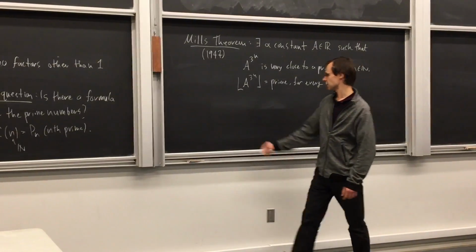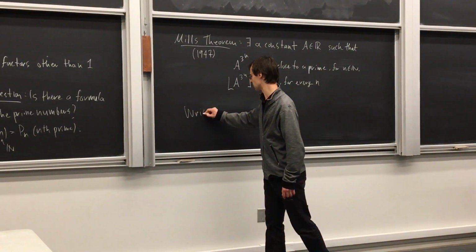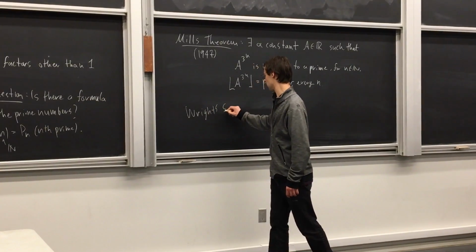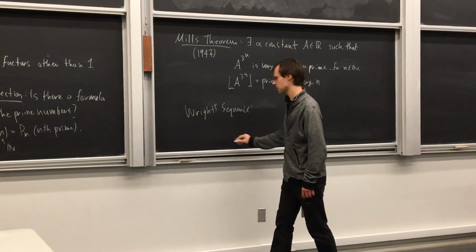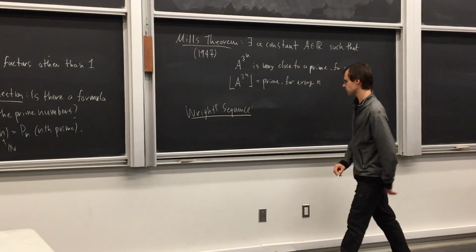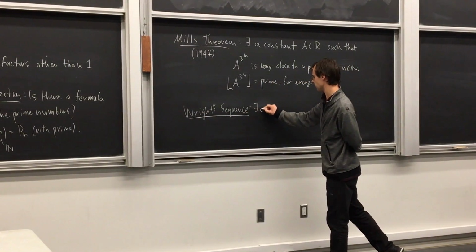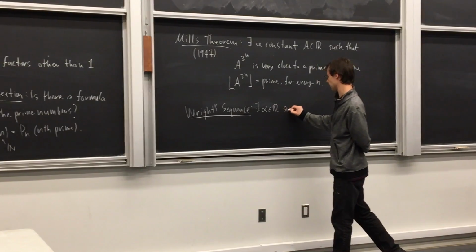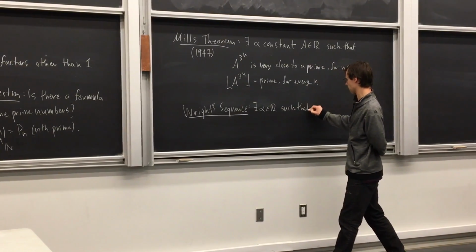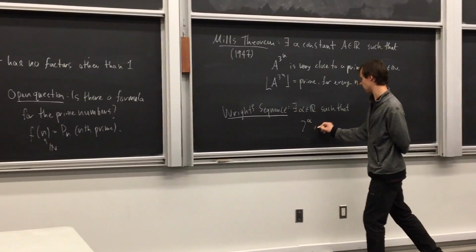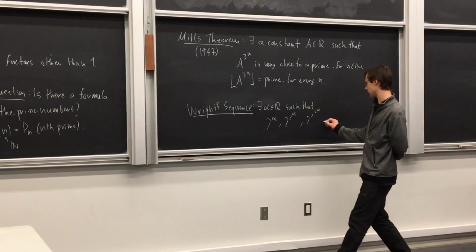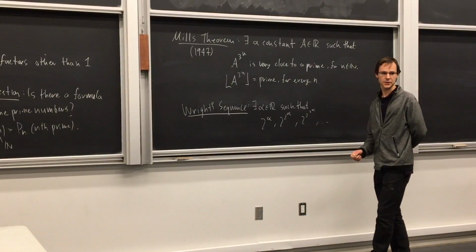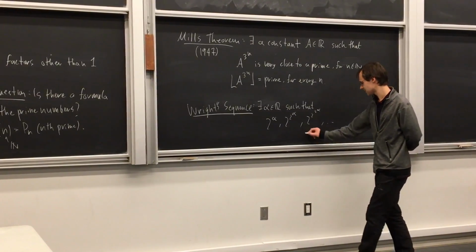I mean, there's also something called Wright's sequence, which tells you that there exists an alpha in the real numbers such that 2 to the alpha, 2 to the 2 to the alpha, 2 to the 2 to the 2 to the alpha, and so on, is a sequence composed entirely of prime numbers.